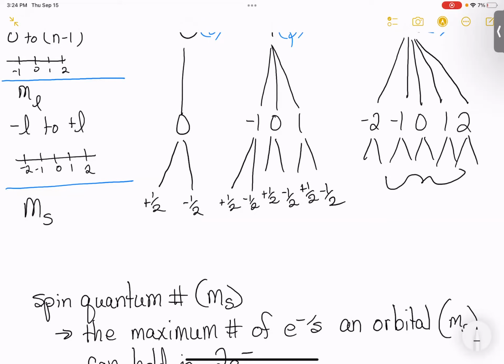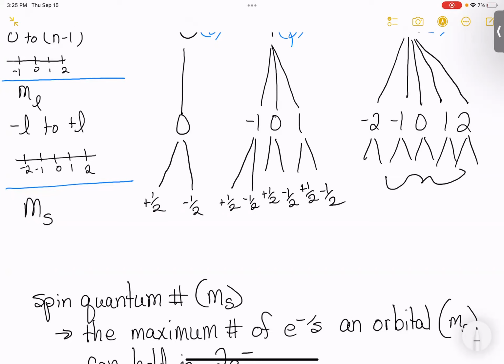How many can the P's have? 6. That's why this part of the periodic table is 6 across. How many could the D have? 10. That is why this part of the periodic table is 10 elements across.